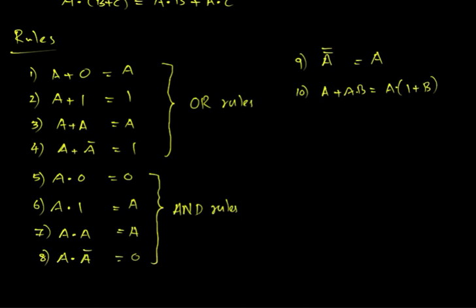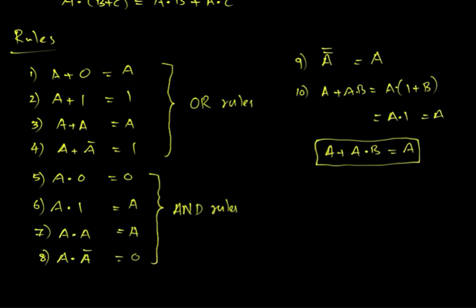When you distribute it, you get a plus a and b. So this is the same as a and 1 plus b. According to rule number 2, 1 plus b is 1 itself. When a is ANDed with 1, you will get a. So the 10th rule is, a plus a and b is the same as the variable a.